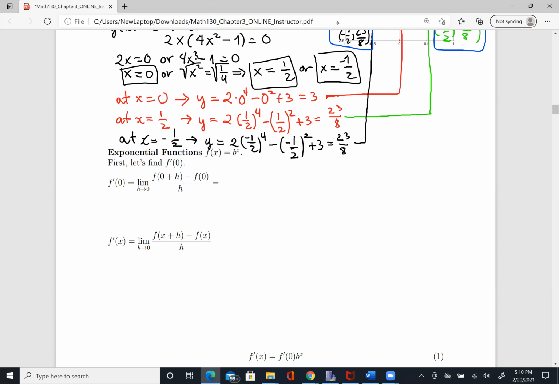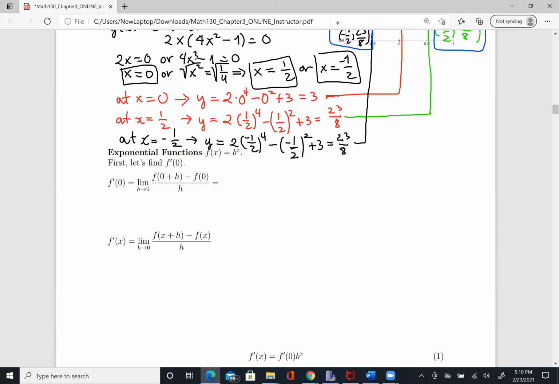So let's find the derivative of f at 0 first and see what happens. So you plug in here, f of x plus h is going to be f of 0 plus h minus f of 0 over h.